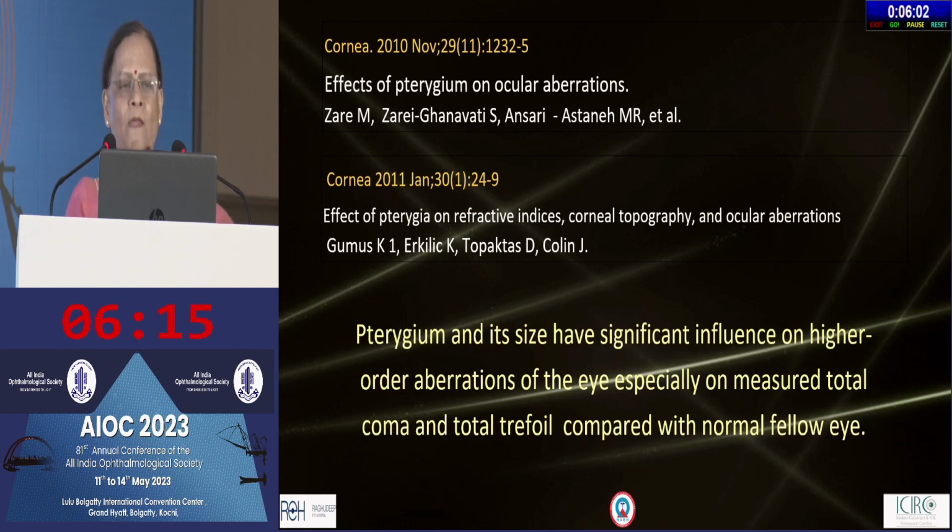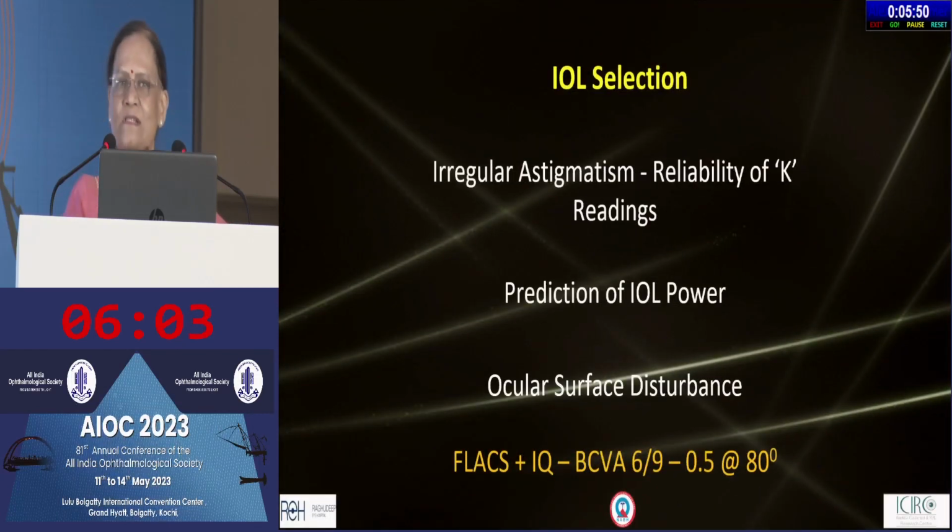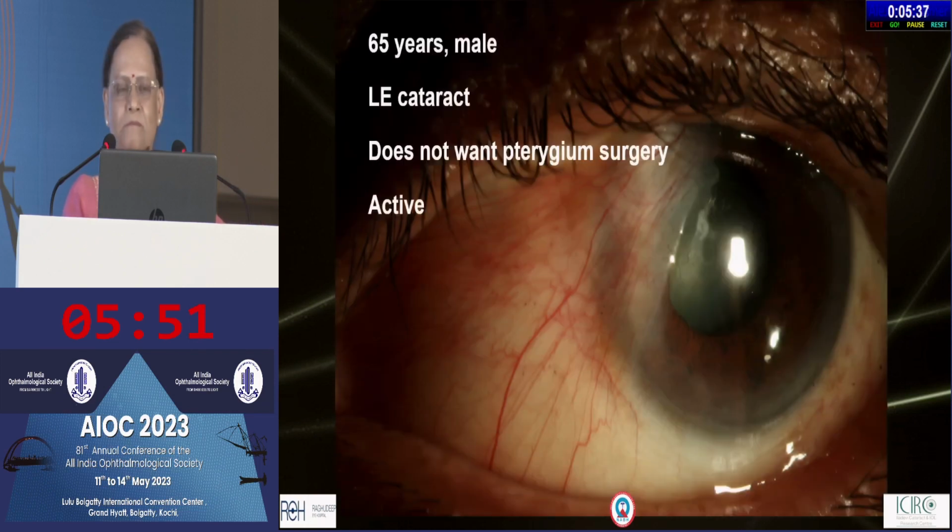Because there are studies that show that pterygium and its size have a significant influence on higher order aberrations of the eye, especially on the coma and the trefoil. So in this patient, we went ahead with a simple monofocal IOL, and she had a reasonably good vision of 6/9 with a minimal residual astigmatic error. So at least our residual spherical error was taken care of with a good biometry.